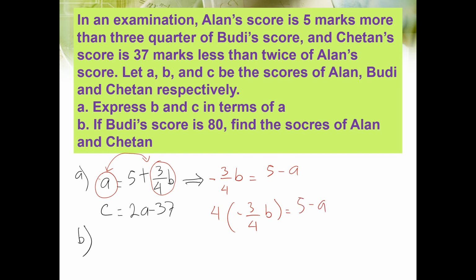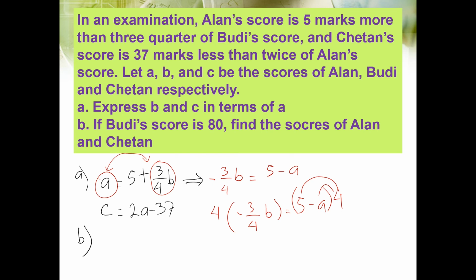Don't forget, you have to multiply not only the left side with 4, but the right side also with 4. Now, in algebra, when you multiply by a number, you have to multiply both of the numbers in the bracket.